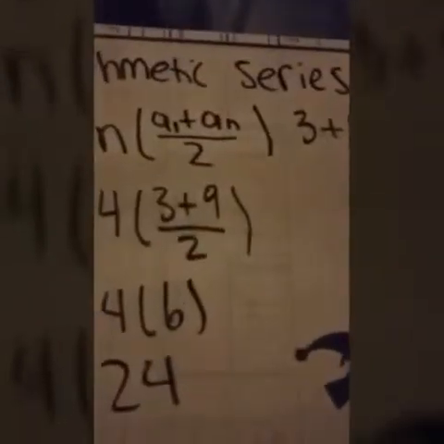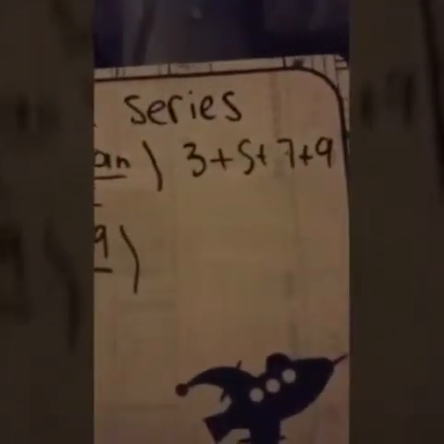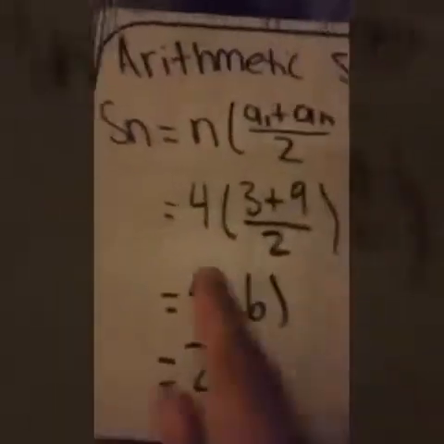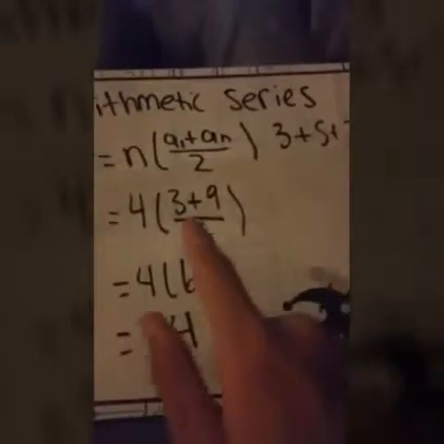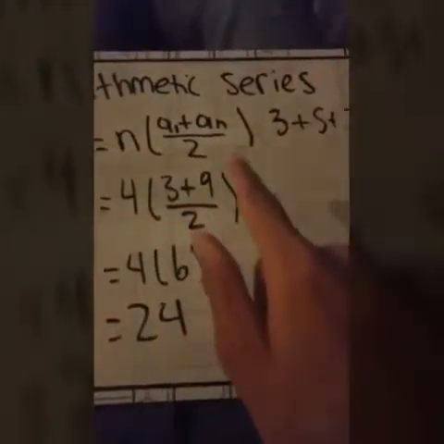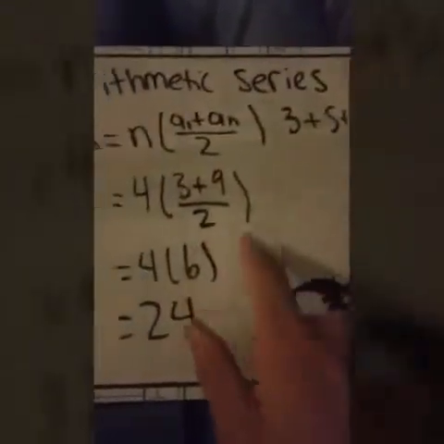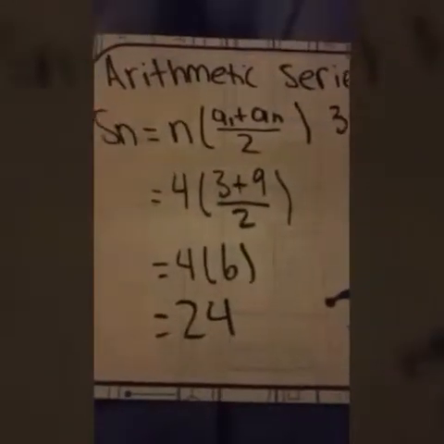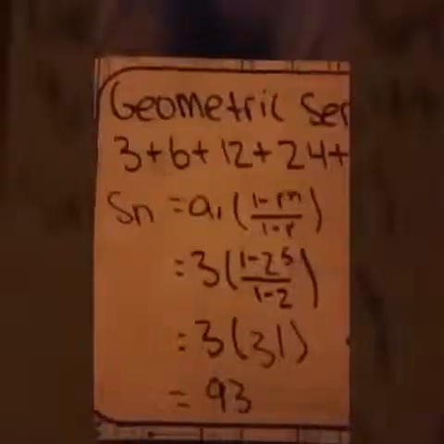Now you want to find the sum of all these terms, which you can do in your head, but let's do it anyway, in case we have bigger numbers. You just put them inside the equation: n, your number of terms, a1, your first term, an, your last term, over 2. And once you simplify, you will get that the sum of all these terms is 24.